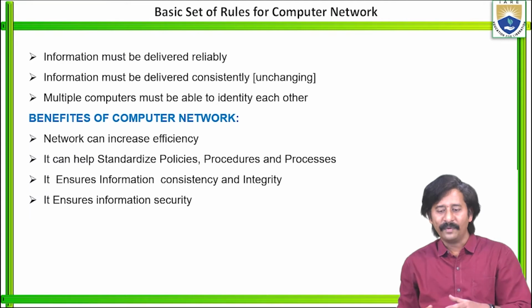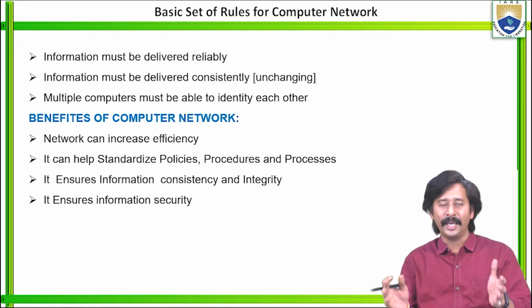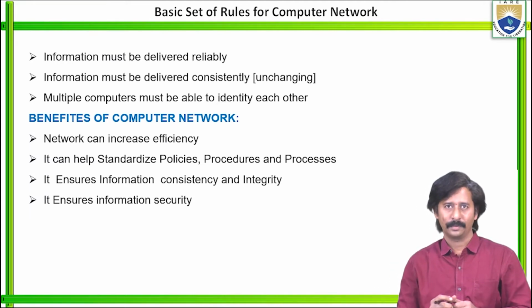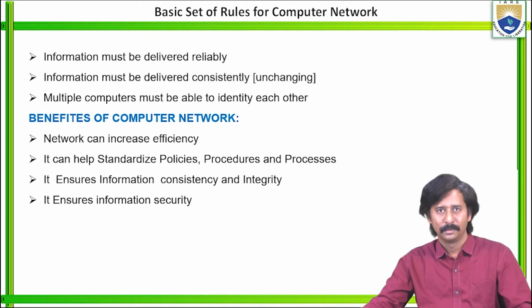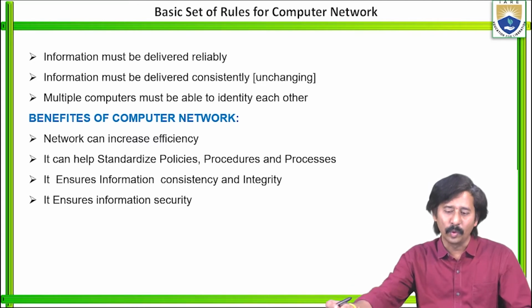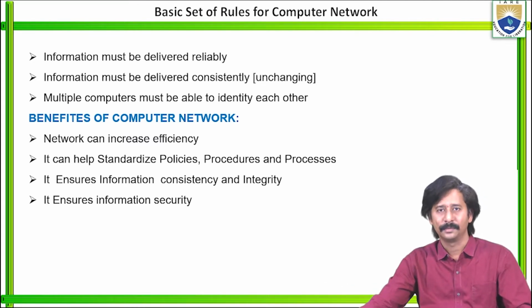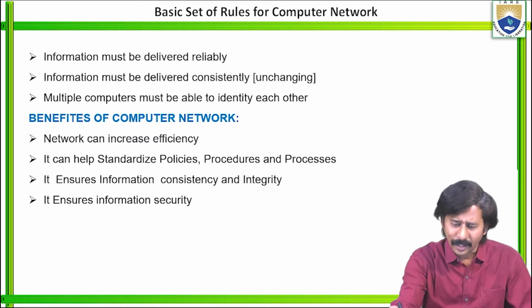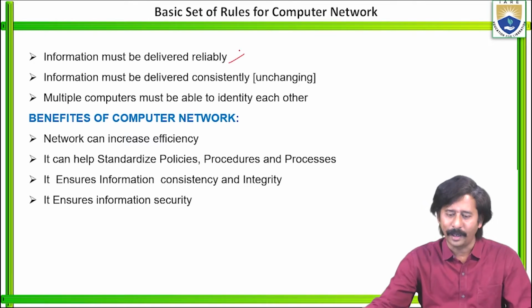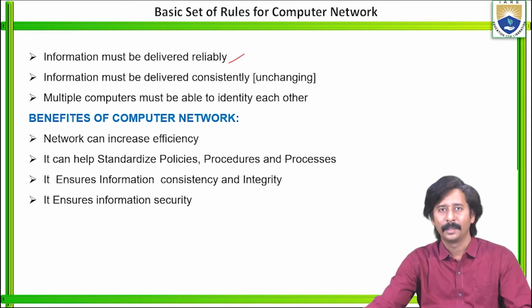So we know what a computer is and what a network is. Now, whenever we need to construct a computer network, there is a basic set of rules. What are those basic rules? Information must be delivered reliably.